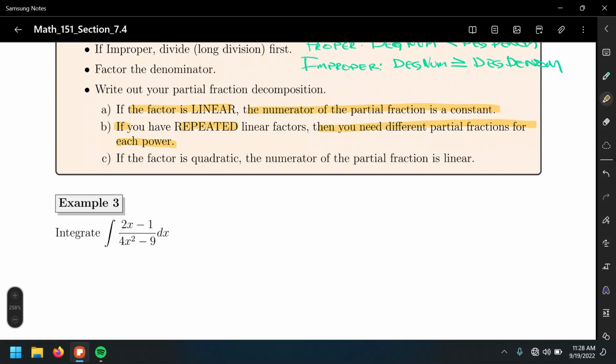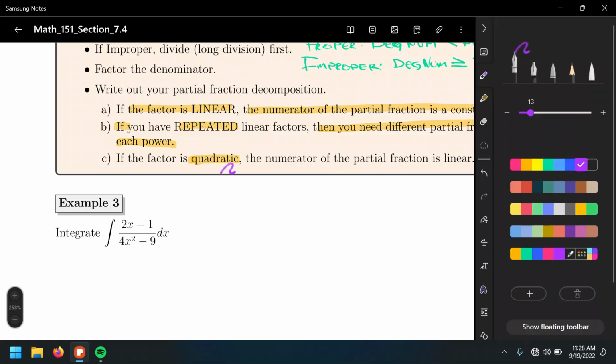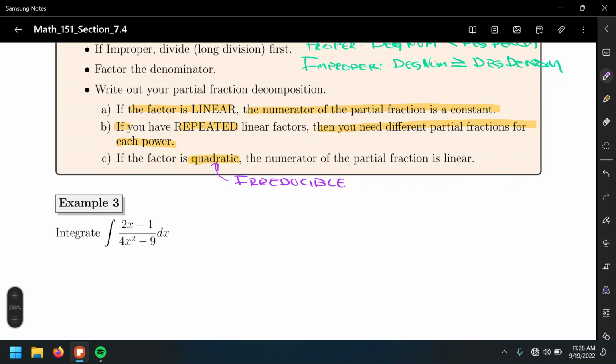And in the case in which the factor is quadratic, and by quadratic we mean irreducible quadratic. Because of course we already did one with a quadratic polynomial in the denominator, but that quadratic polynomial was reducible to a product of two linear factors because it was factorable.